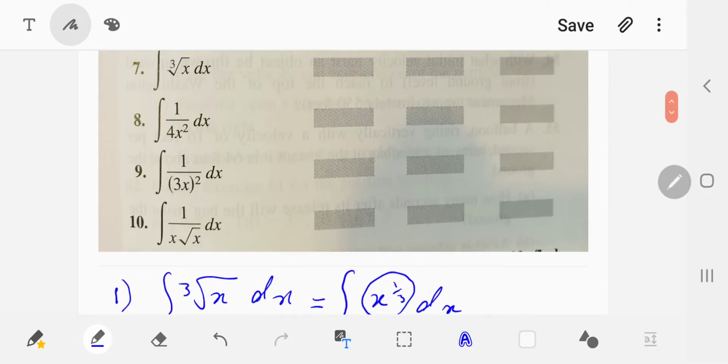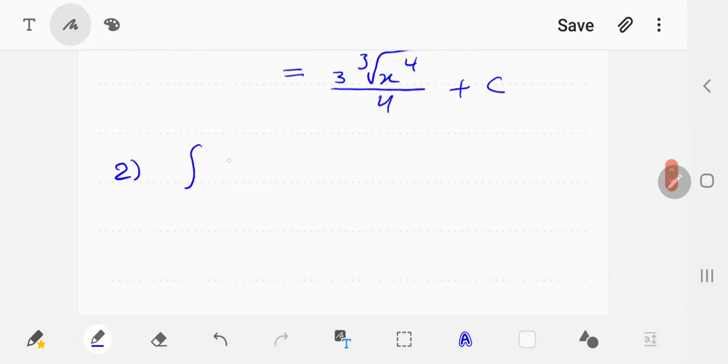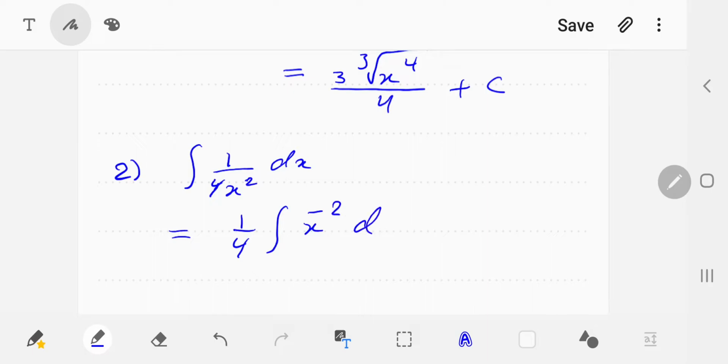What about the second integration? What does it say? It's integration of 1 over 4x squared dx. As we said, integration is a limit, so the constant can be taken out. So I can say that this is equal to 1 over 4 times integration of 1 over x squared, which is x to the power of -2, times dx.